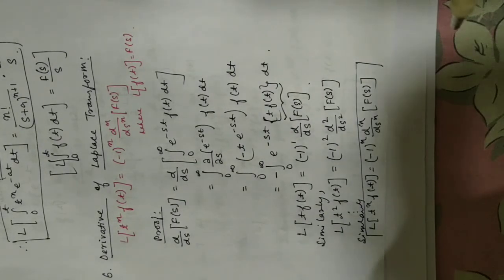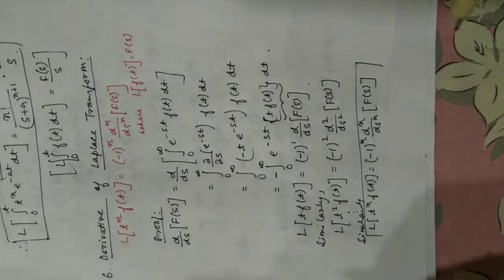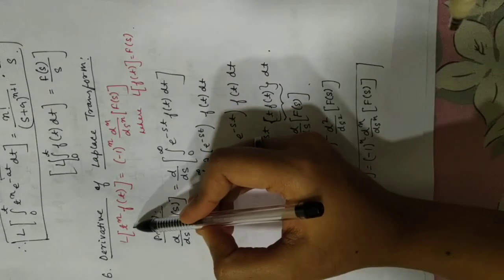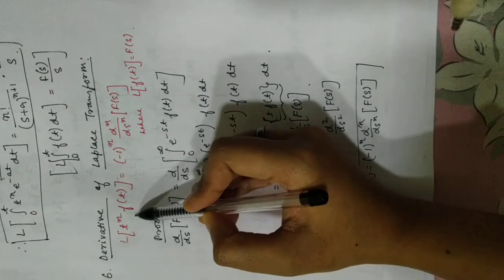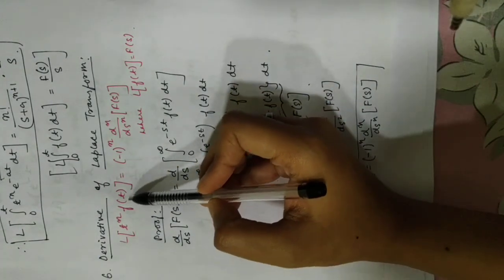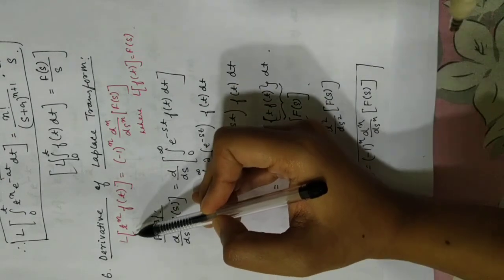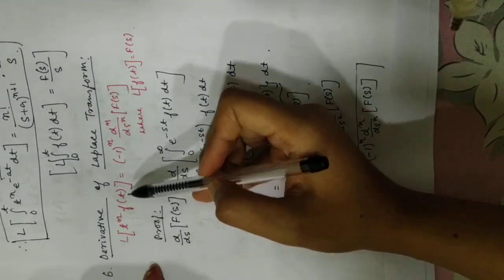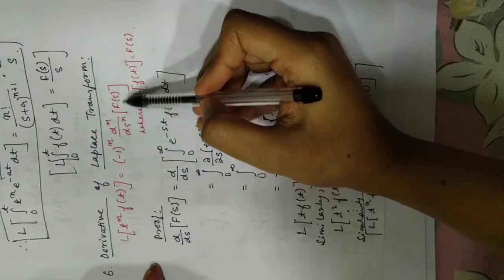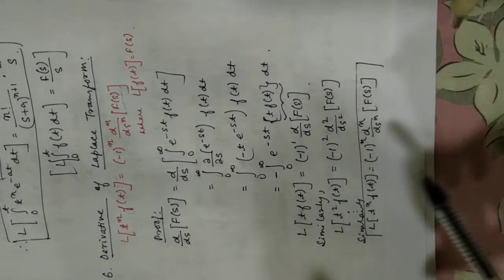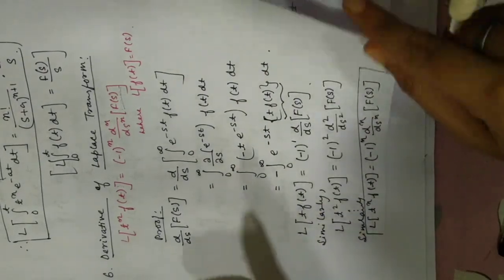That is what happens when a function is multiplied by e to the power at. Now we see what happens when t to the power n is multiplied to a function, right? So if we know the Laplace transform of f(t), then the Laplace transform of t to the power n f(t) is known. All you need to do is differentiate the Laplace transform, okay? So we will do a small problem to make the concept clear, right?